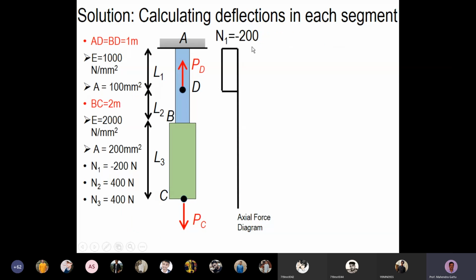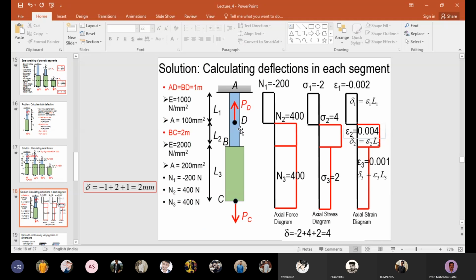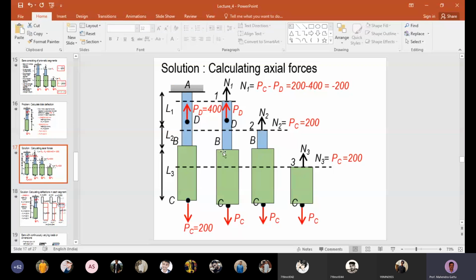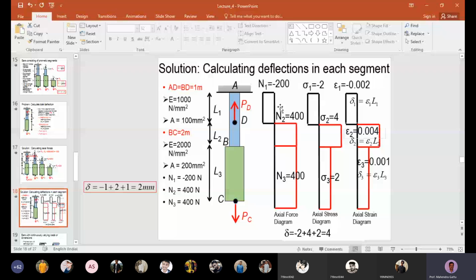So PC was actually 200 and PD is 400. The axial force diagram will have N1 as minus 200, and between B and D the segment it will be 400. Oh sorry, it is 200 or 400. So let's change it and make it 200.